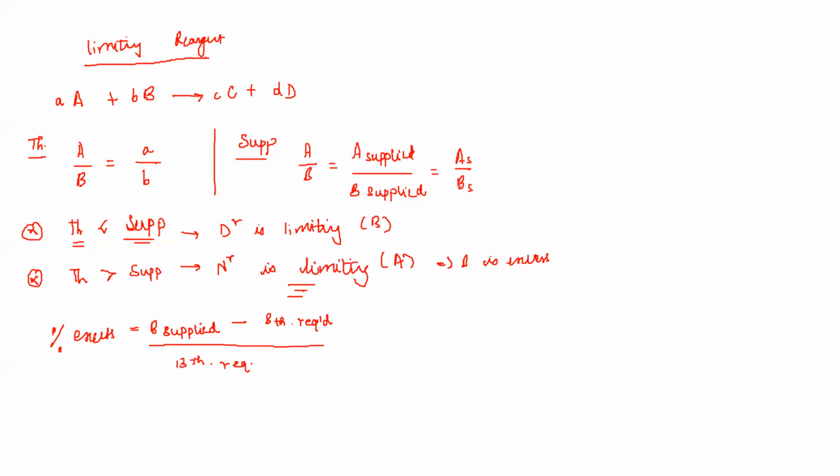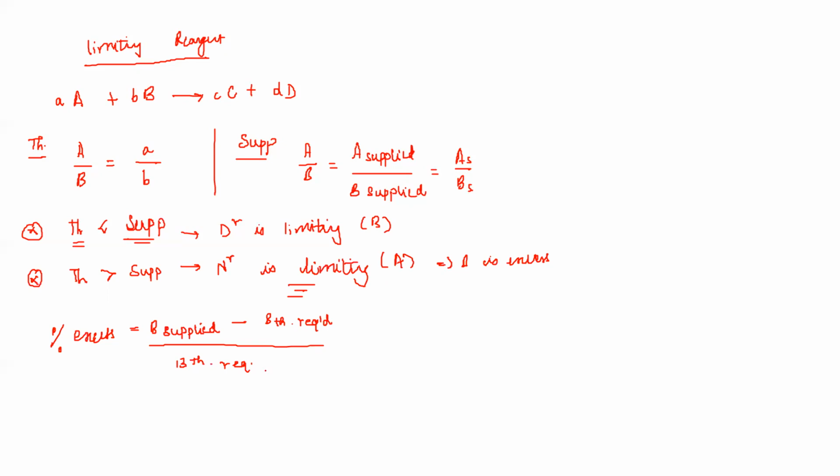So how do we calculate the moles of B that are theoretically required? Whatever are the moles of the limiting reagent, let's say there are 10 moles of A. In proportion to that, if we consider stoichiometry, how many moles of B are needed to exactly react with these many moles of A? That will give you the number of moles of B which are theoretically required.